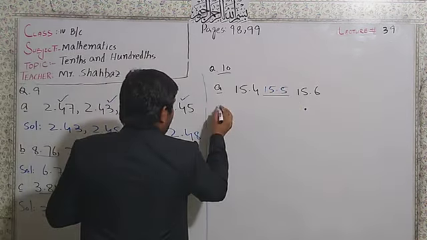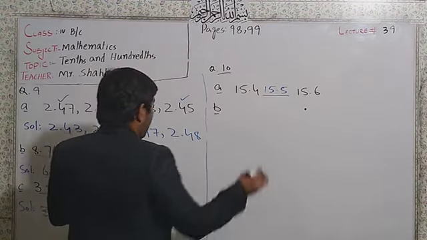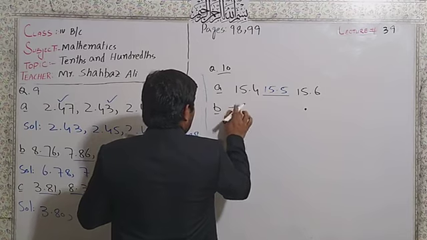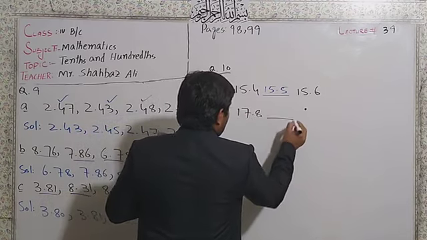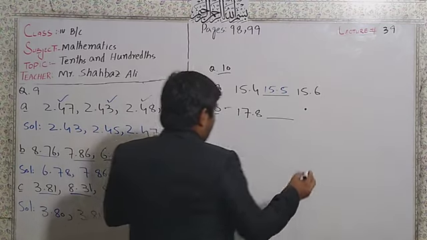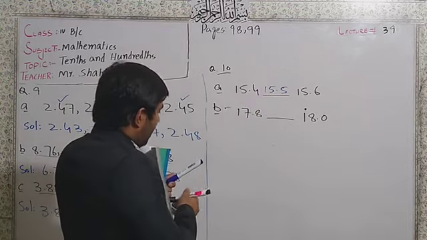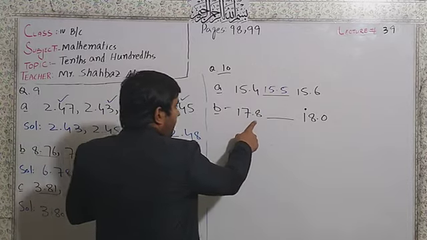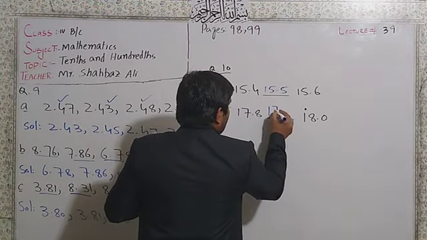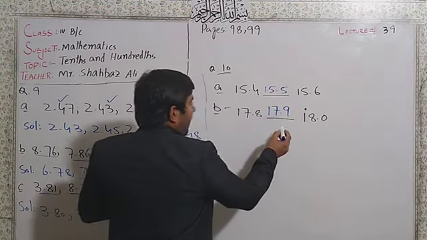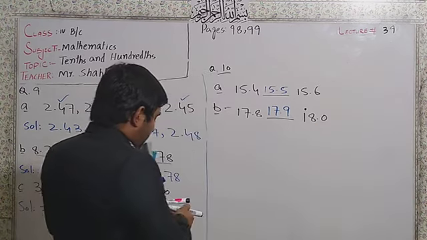In part B, 17.8, then there is a missing number, and then 18.0. So you know that after 17.8 there will be 17.9, and then it will be 18.0. Okay, dear students.